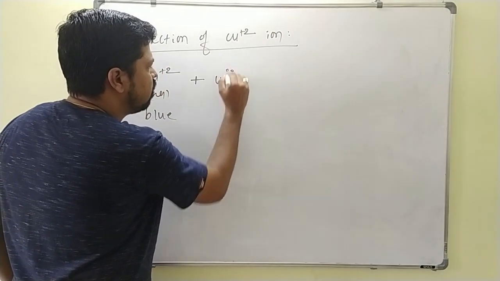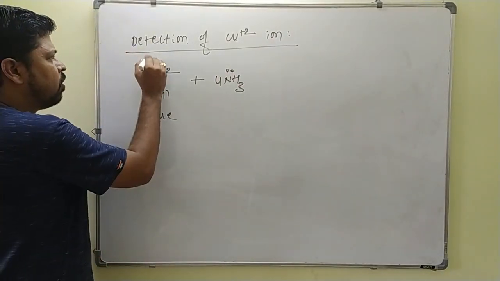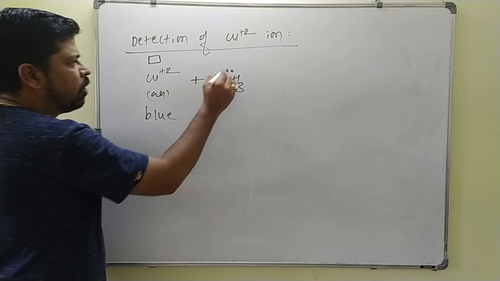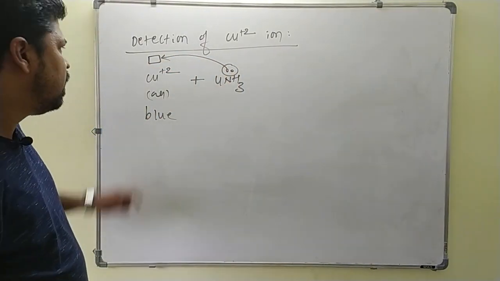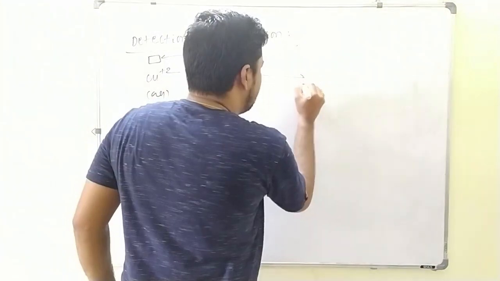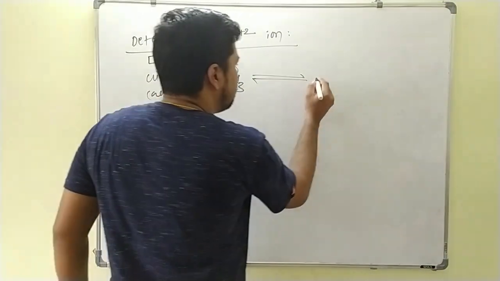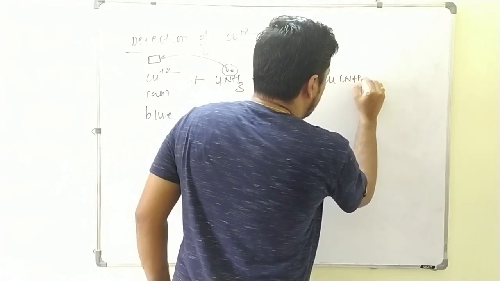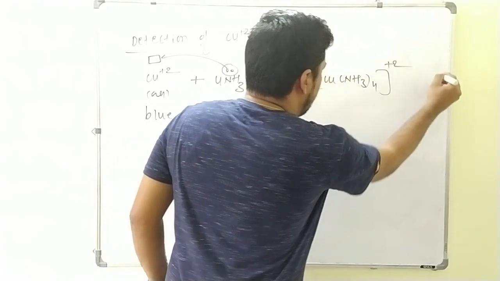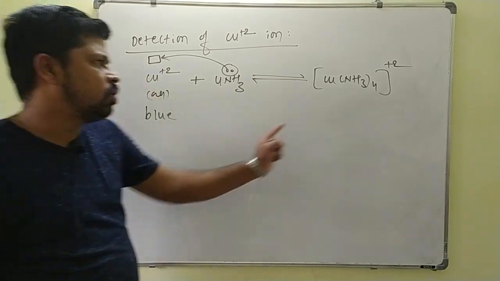In this ammonia molecule, nitrogen has a lone pair of electrons, and this metal ion has a vacant orbital. These lone pairs of electrons are given towards the vacant orbital of the metal ion, so there is a formation of a complex ion, Cu(NH3)4, and the oxidation state of copper, plus 2, is written as it is.